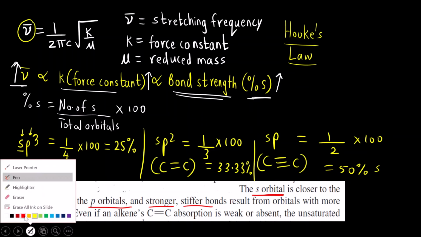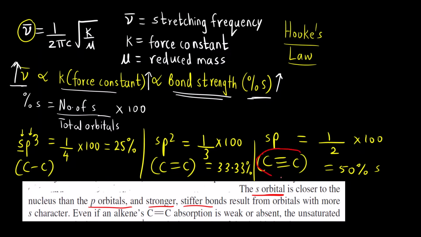So you can see for a triple bond, there are 3 bonds that are to be broken. And this bond strength is also directly proportional to bond energy. Greater is the number of bonds, greater will be the bond strength, and more will be the bond energy as well, that is the energy required to break the bonds. So energy required to break 3 bonds will be more as compared to breaking 2 bonds, as compared to breaking 1 bond.